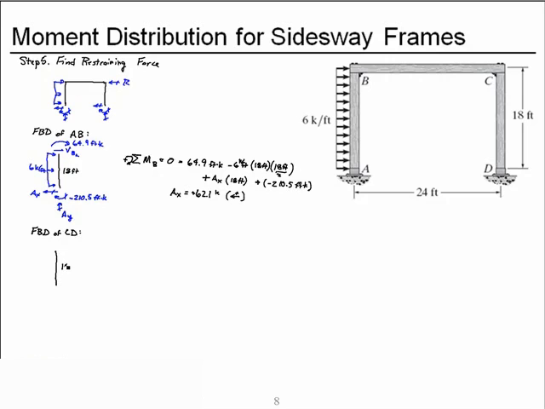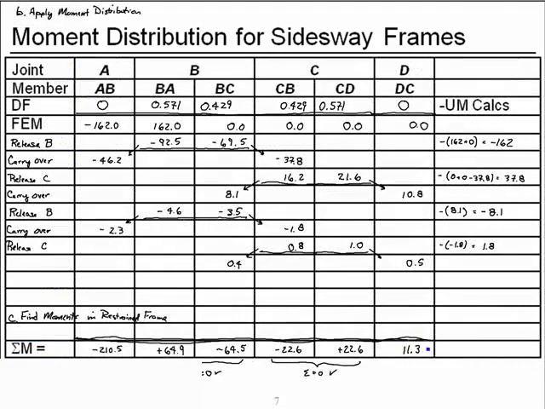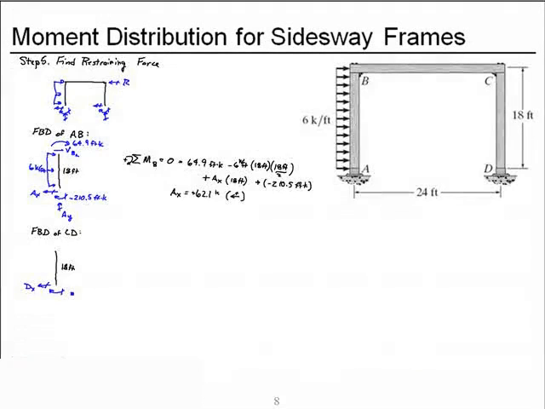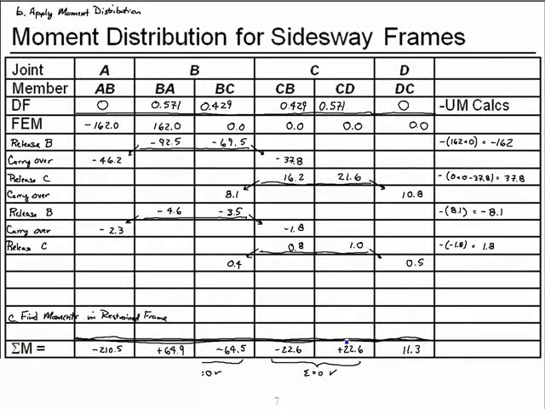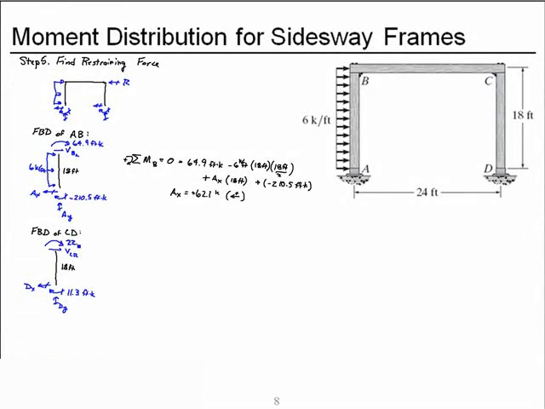It is also 18 feet long with an unknown horizontal reaction DX, moment reaction DC of a positive 11.3 foot kips, unknown DY, unknown shear to the right or below point C, and our moment CD, which we found to be 22.6 foot kips.